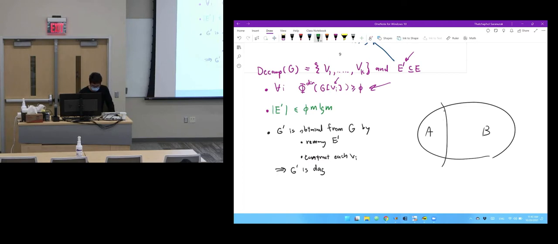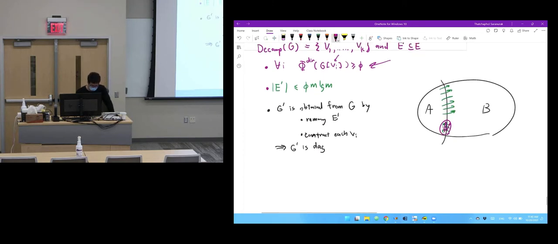It may be the case that there are many edges here, but few edges here. Then you just remove this thing. But if it's the other way around, I assume that A is on the smaller side, okay? If it's the other way around, let's say there are few edges here and a lot of edges here, then we remove this thing.